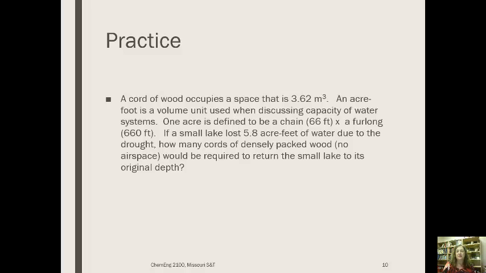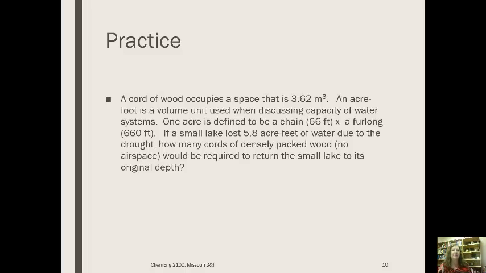An acre foot is a volume that's used by people who do management of water systems, and this is how they describe the volume in, say, a pond. An acre, in that acre foot, is defined as a chain times a furlong, which would make great sense if we were living 200 years ago. A chain is 66 feet, and a furlong is 660 feet.